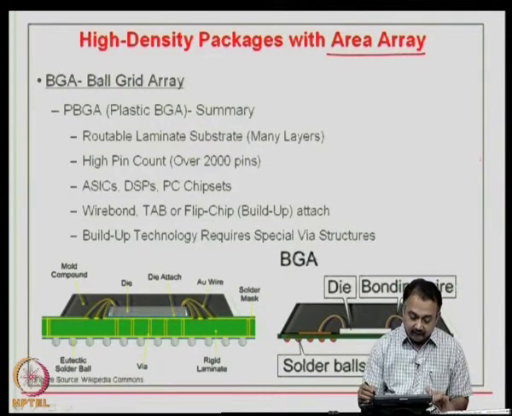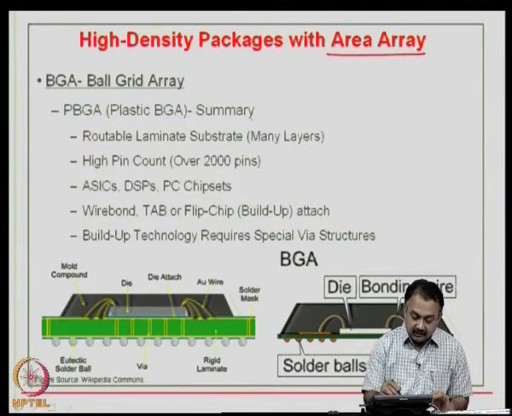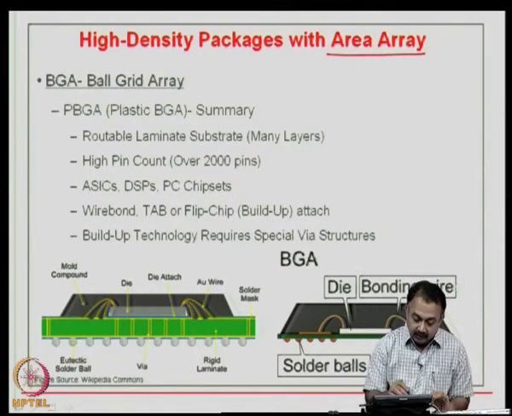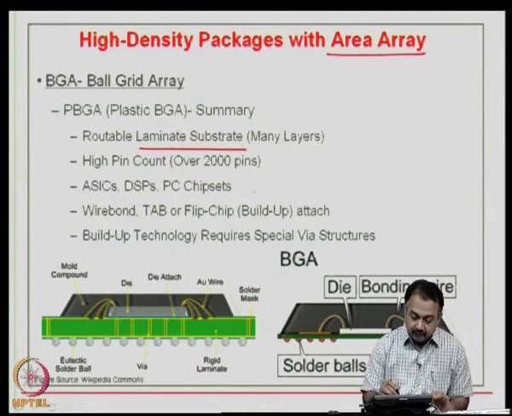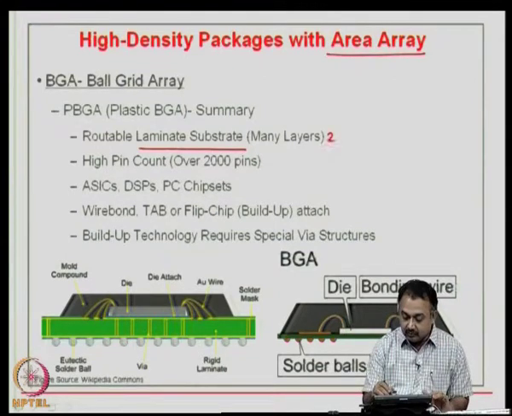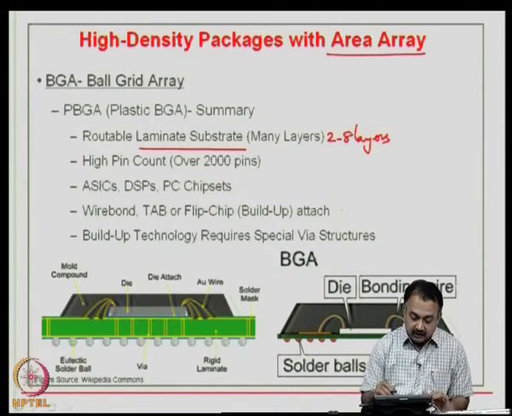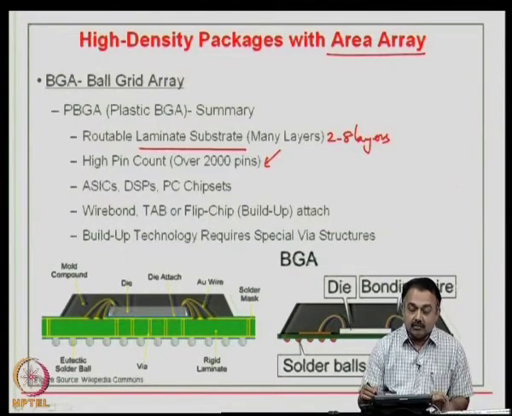So, the summary is that plastic BGAs are available, and you require a laminate substrate to do the routing. It can be between 2 to 8 layers typically, not more than that. Then it has a high pin count. Today's FPGAs can have a pin count over 1700 pins, or balls, solder balls.